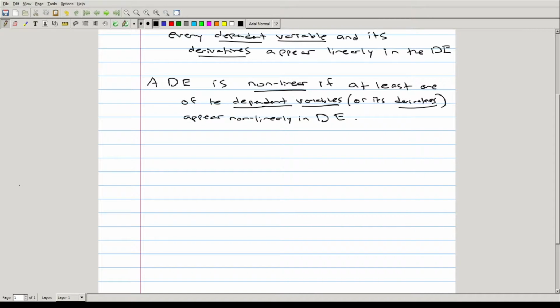And in general, linear differential equations are easier to find solutions for, which is very nice. And easier to find both analytical solutions and numerical solutions. And nonlinear differential equations are much more difficult and more nuanced when it comes to solving for. So this generally applies to both analytical and numerical or computational simulations or solutions to our differential equations.